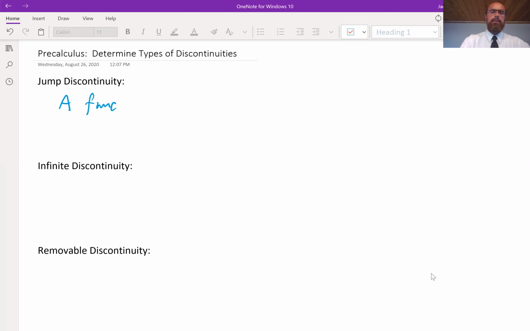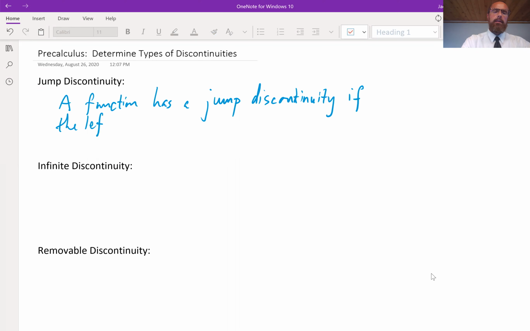We'll write this definition. A function has a jump discontinuity if the left-hand limit does not equal the right-hand limit.